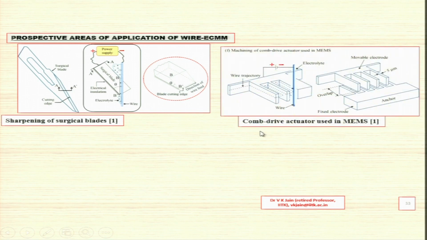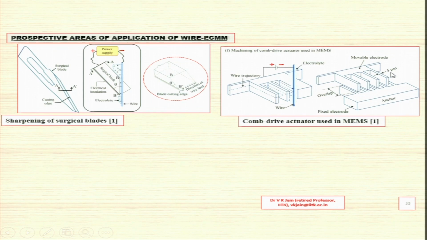Comb drive actuator used in MEMS. Now you can see, this is the wire, and positive, this is negative, wire is cathode, workpiece here is made as anode, and this is the wire trajectory, which is moving like this and cutting these slots. These are the two parts, the anchor, and this is the other movable electrode, and you can fit it here with a few tenths of a micron gap between these two plates.